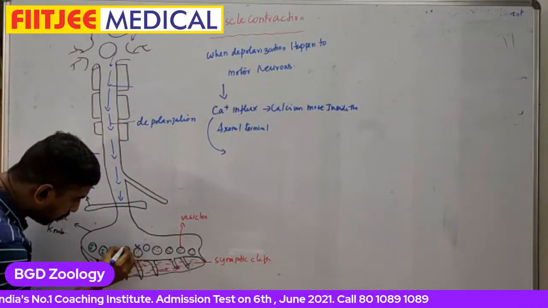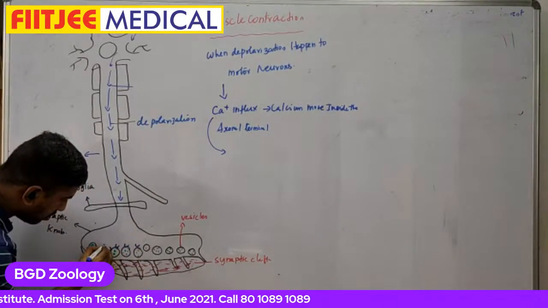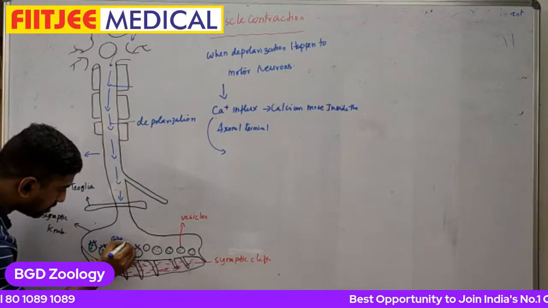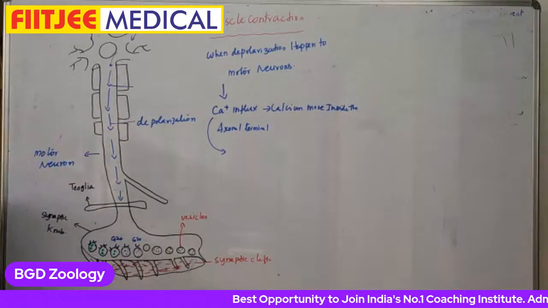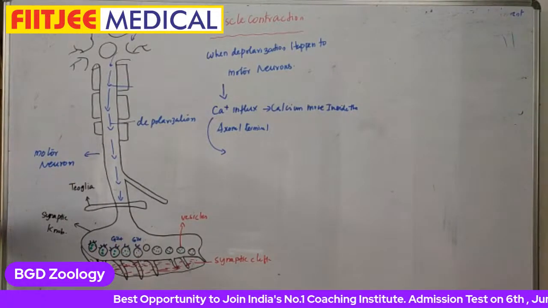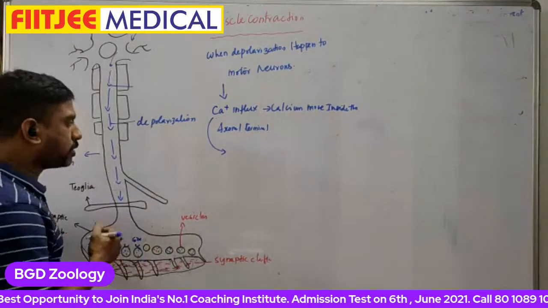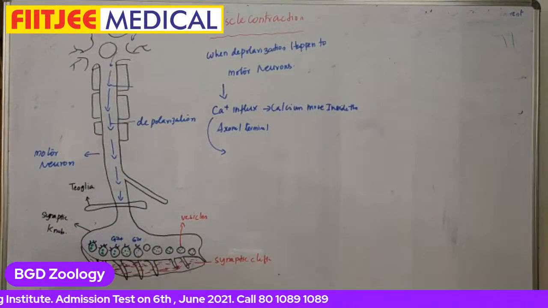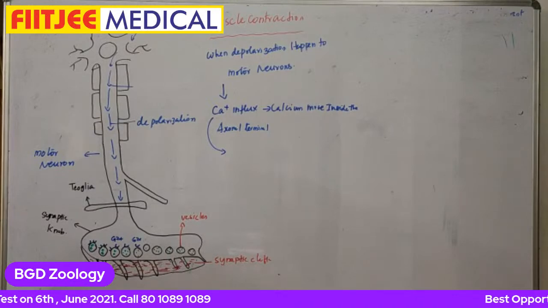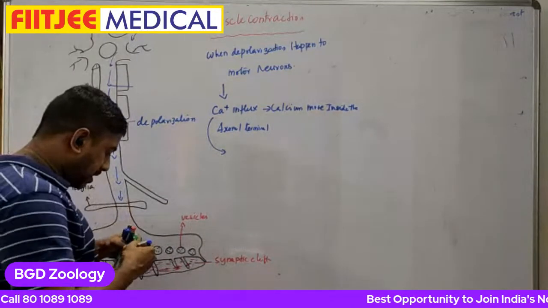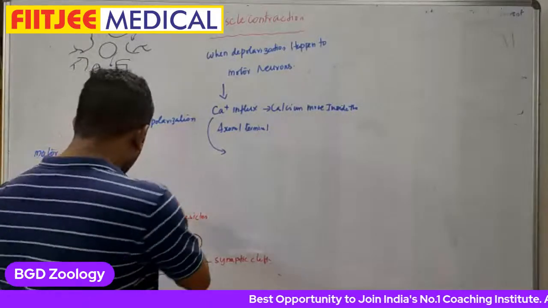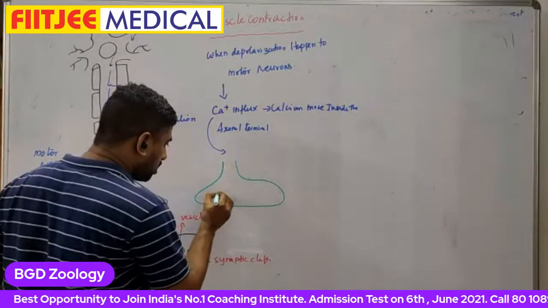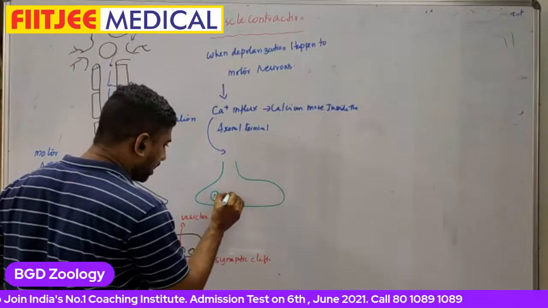Because the vesicles for the acetylcholine are calcium mediated. So when the calcium influx happens at the axonal terminal, what will happen? Only this part I will take out. So these are the vesicles with acetylcholine inside them.